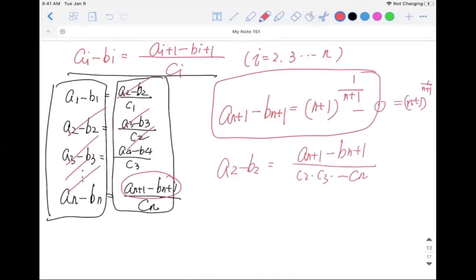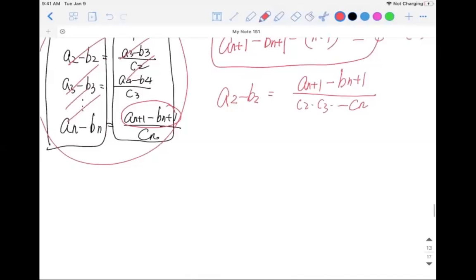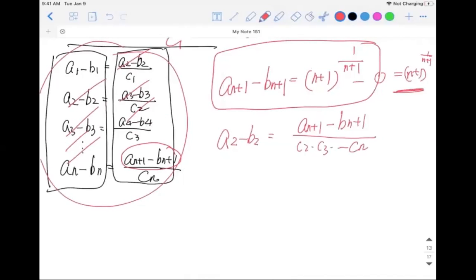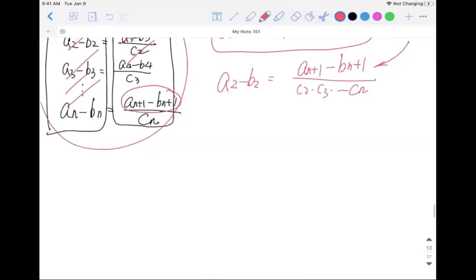Is that right? You cross out these two terms, and you'll be able to get them together. Then moving forward, plug in the value. You're going to have A_2 - B_2 equal to (n+1)^{1/(n+1)} times C_2, C_3, all the way to C_n. Is that right?